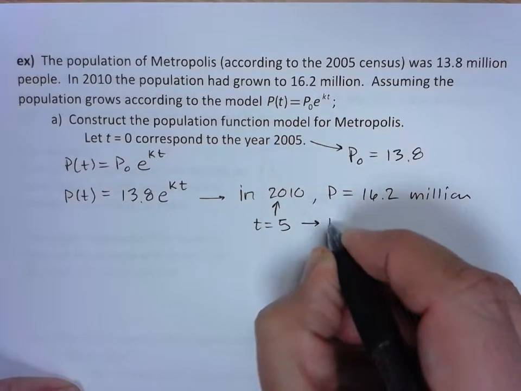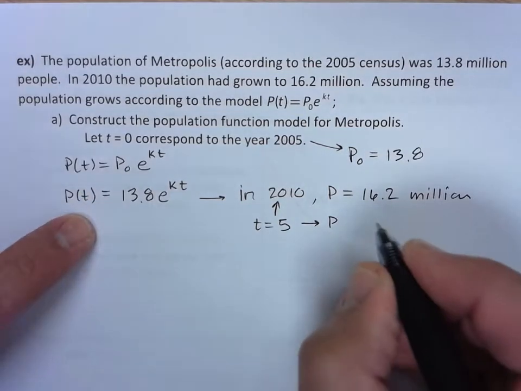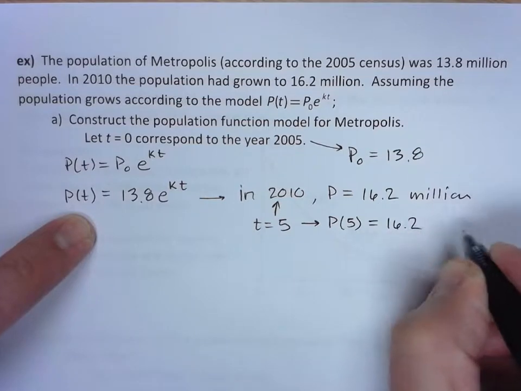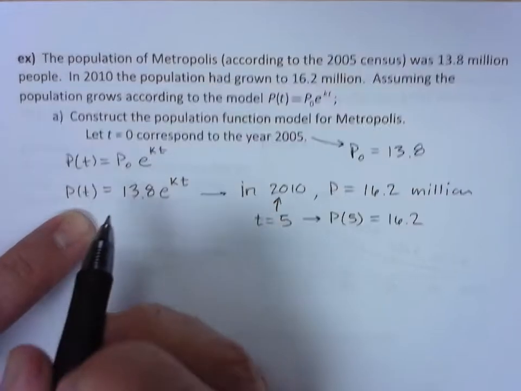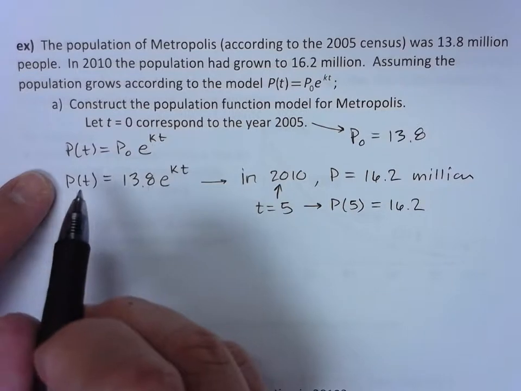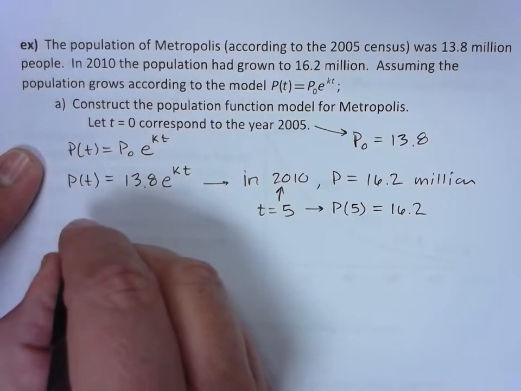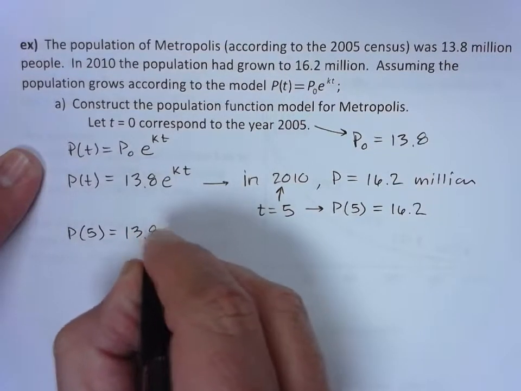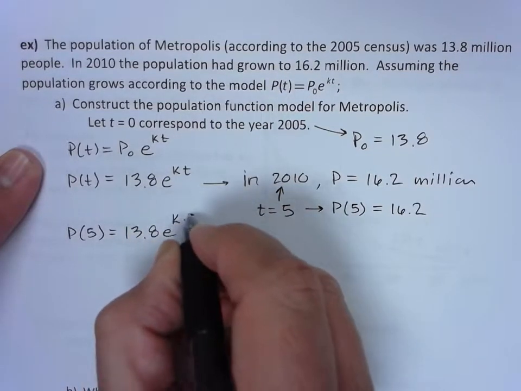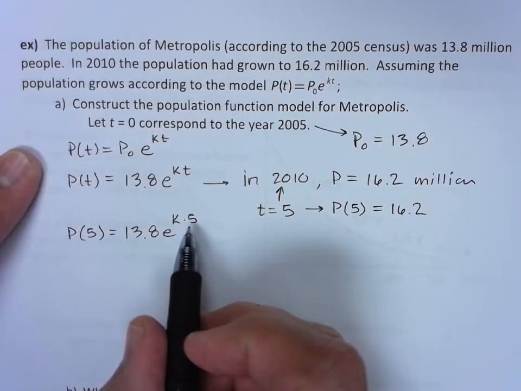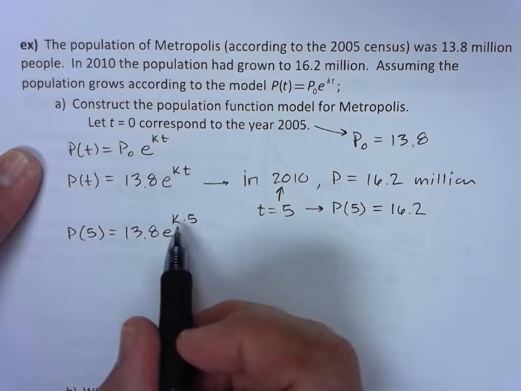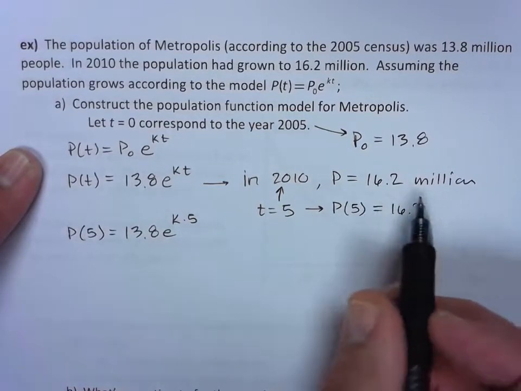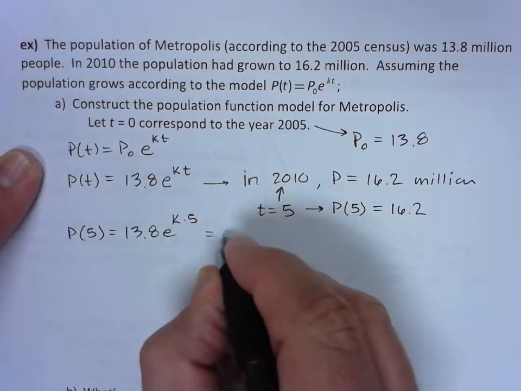So in terms of function notation, we want to be able to plug 5 into this function and get an output of 16.2 million. Okay, so if I take the model that I've got so far and I plug in the value 5, p of 5 will equal 13.8 e to the k times 5, because you're plugging in 5 for the year time. So this will help us figure out the value of k, because we know we want to force this to equal 16.2 million for the population in the year 2010.